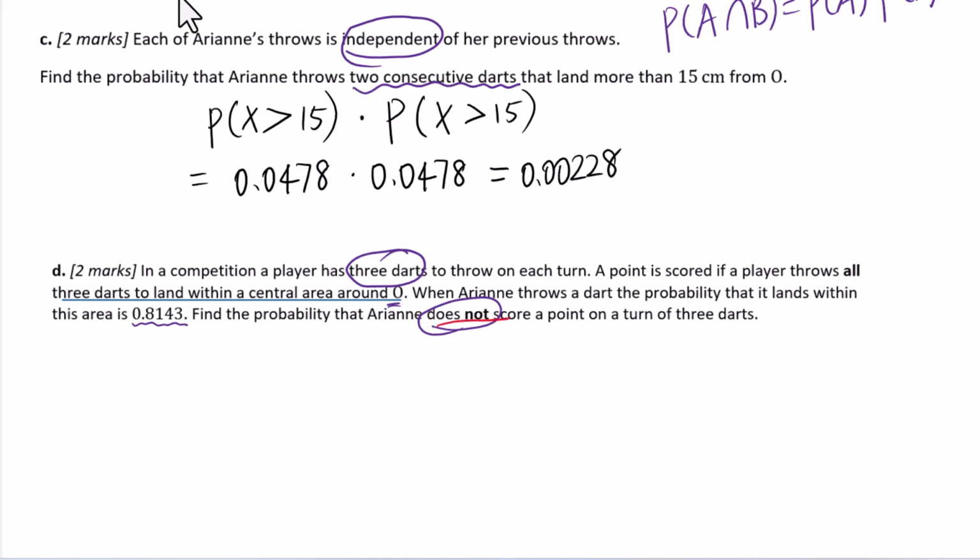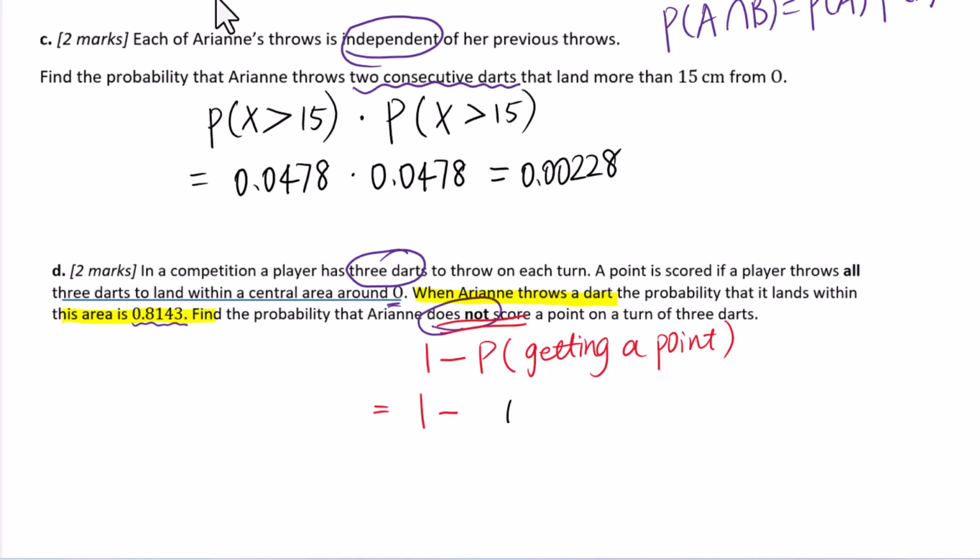For Ariane not scoring, you will use 1 minus the probability of Ariane getting 1 point. If you want to get 1 point, you have to throw 3 darts in a row on the central area around O. The probability that a dart lands within this area is 0.8143.